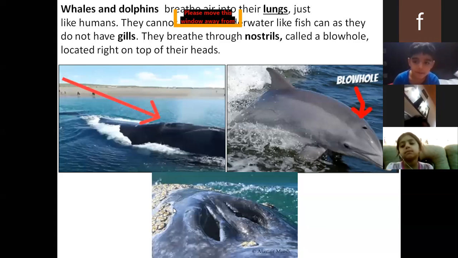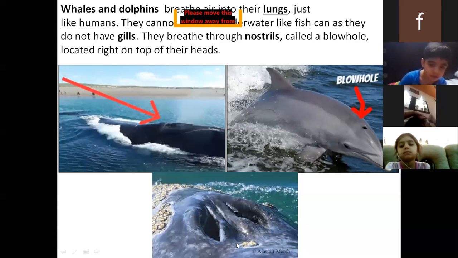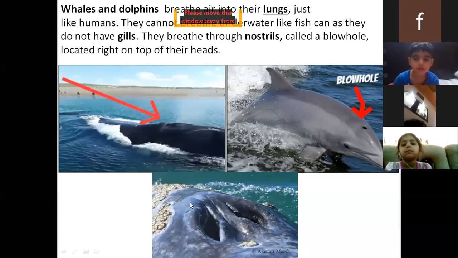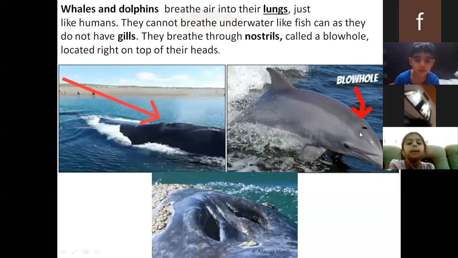Can you see? It's a whale, and these are the blowholes in the whale, located right on the top of its head. Now, can you see this? It's a blowhole in a dolphin.